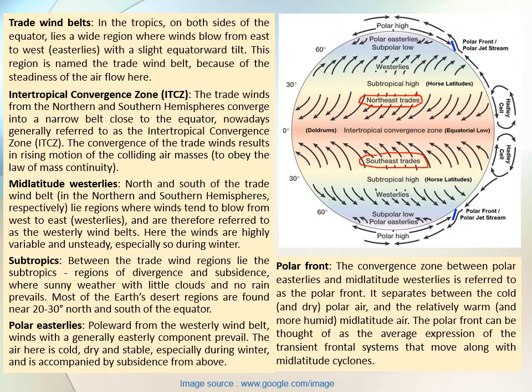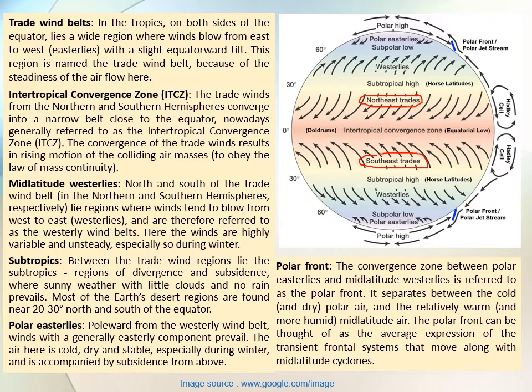Next, after the trade wind belt, we find in the higher latitudes the mid-latitude westerlies. This belt of prevailing westerlies is generally found between 30° to 60° latitude in each hemisphere.